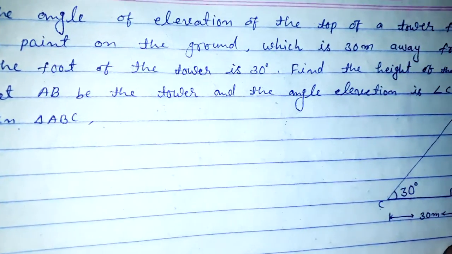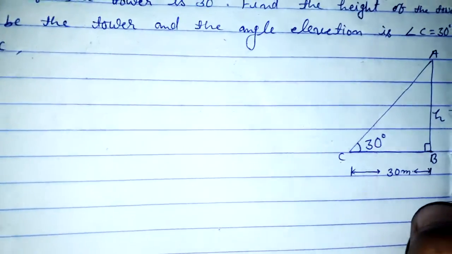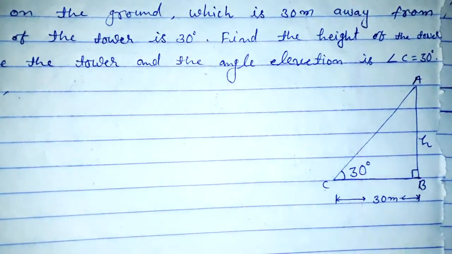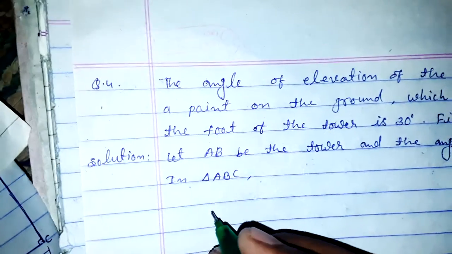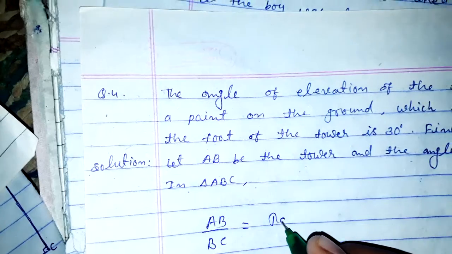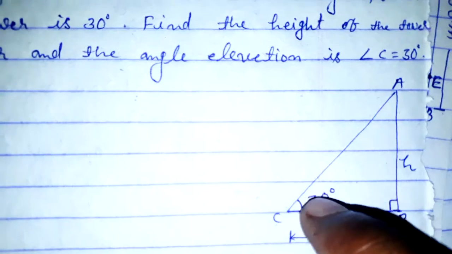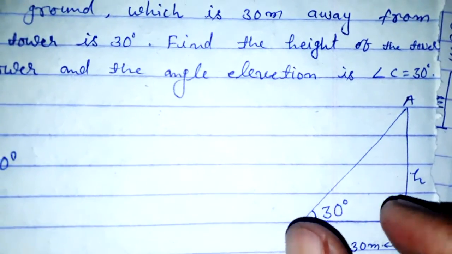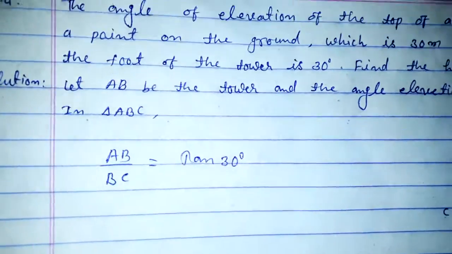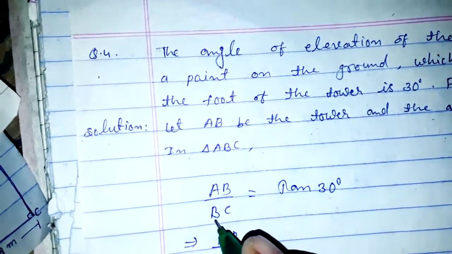Let AB be the tower and the angle of elevation is angle C, 30 degree, in triangle ABC. Take the ratio of this side and this side. So the ratio is AB upon BC. This ratio is tan 30 degree because this is the opposite side of angle 30 and this is the adjacent side of 30 degree. So this ratio is called the tan. So what is the value of AB? This value we have to find. And what is the BC?